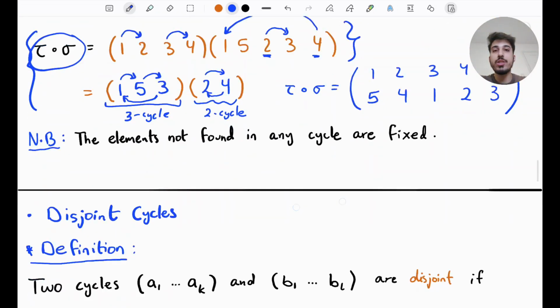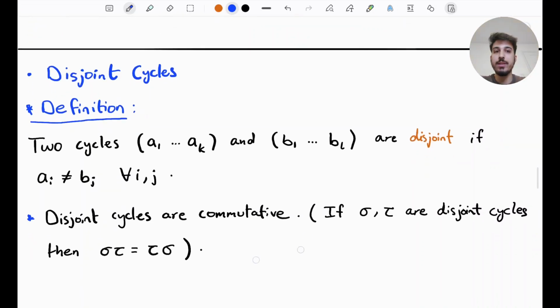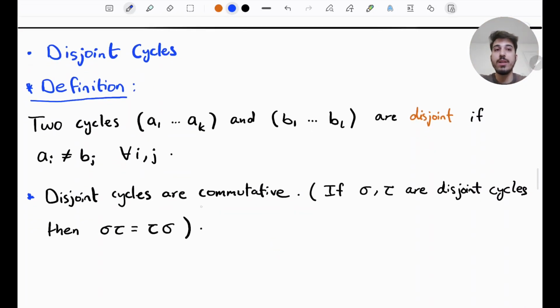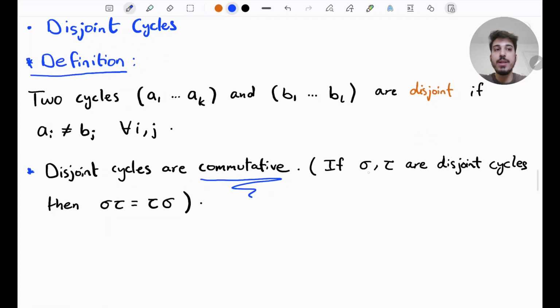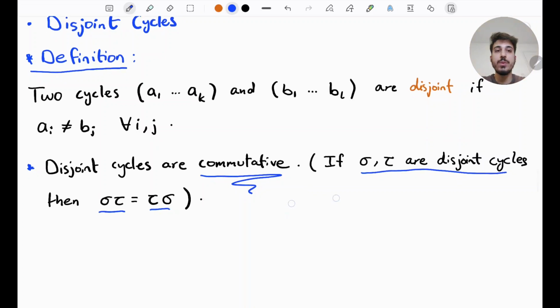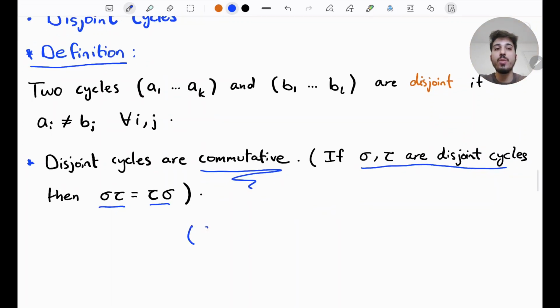And the advantage of having disjoint cycles is that disjoint cycles are commutative. So if sigma and tau are disjoint cycles, what this means is that sigma tau is equal to tau sigma. So essentially saying that (1 5 3)(2 4) is equal to (2 4)(1 5 3).